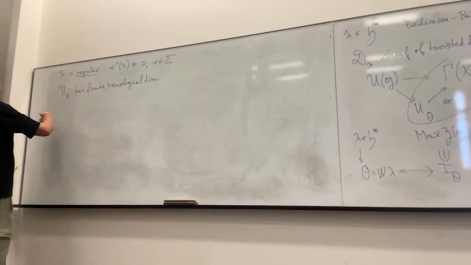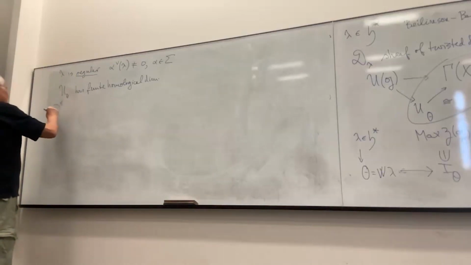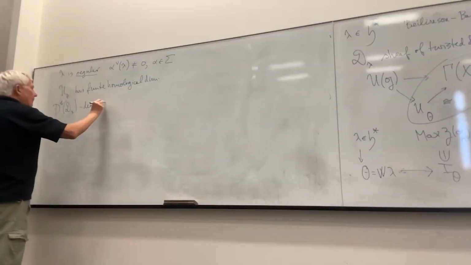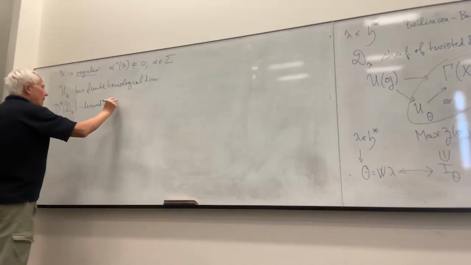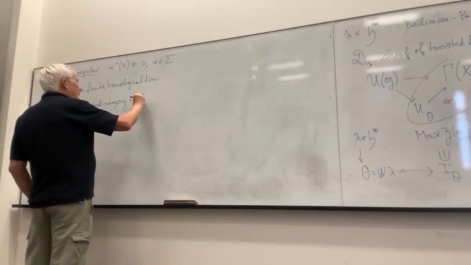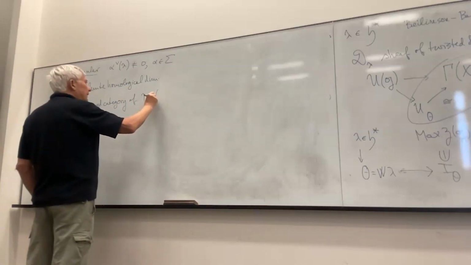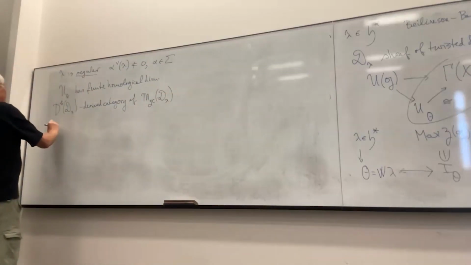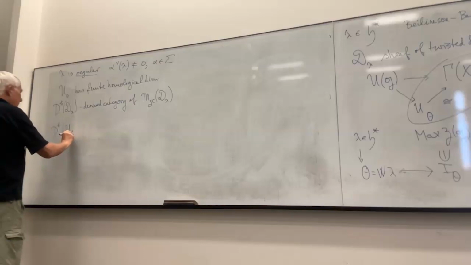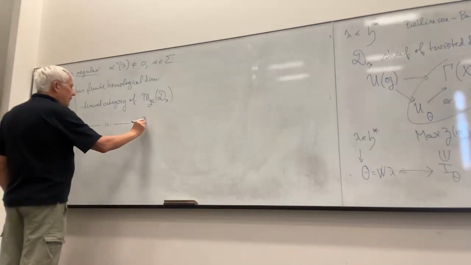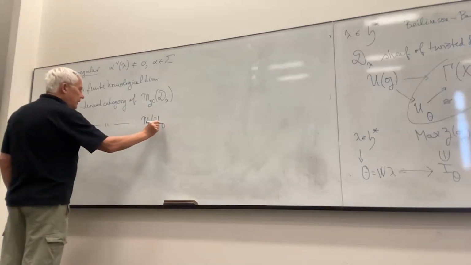So if I denote by D^b of D lambda the derived category of modules of quasi-coherent D lambda, and the U theta derived category of modules over U theta.